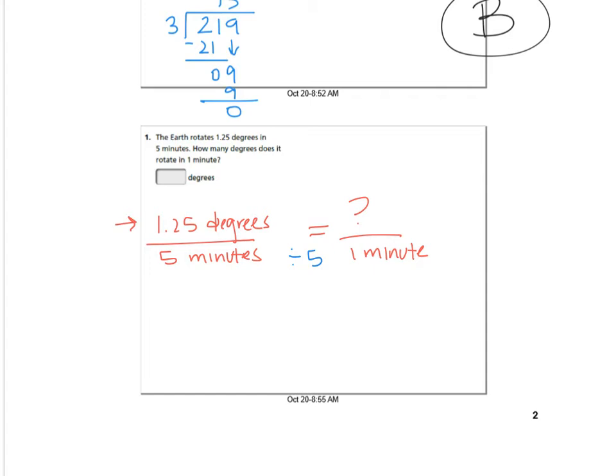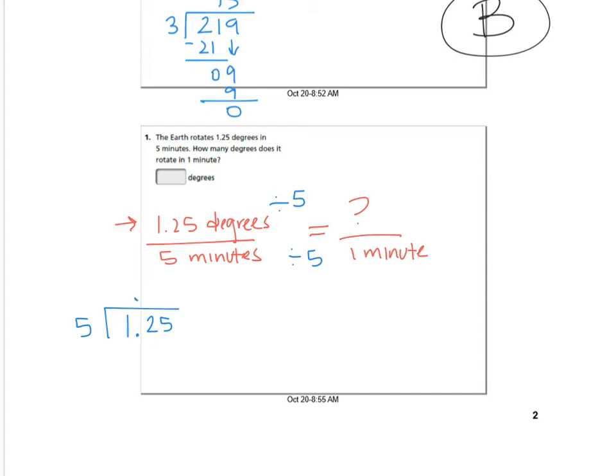And 5 divided by 5 gives us 1. So now we have to divide by 5 at the top. This seems crazy too, because inside of our long division is the 1.25, and we're dividing it by the larger number. It seems crazy, like I said, but that's okay.